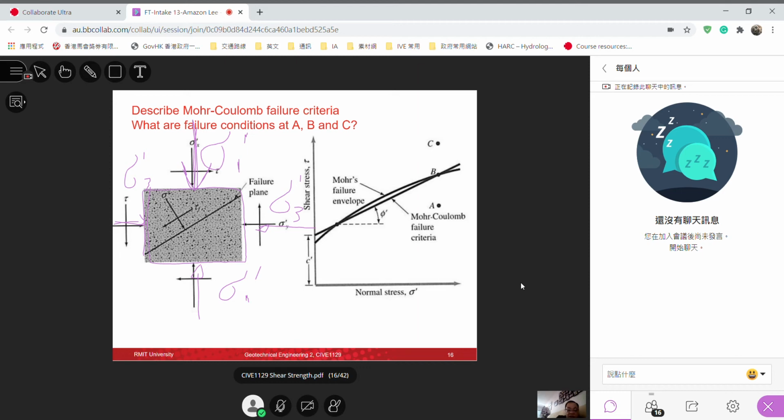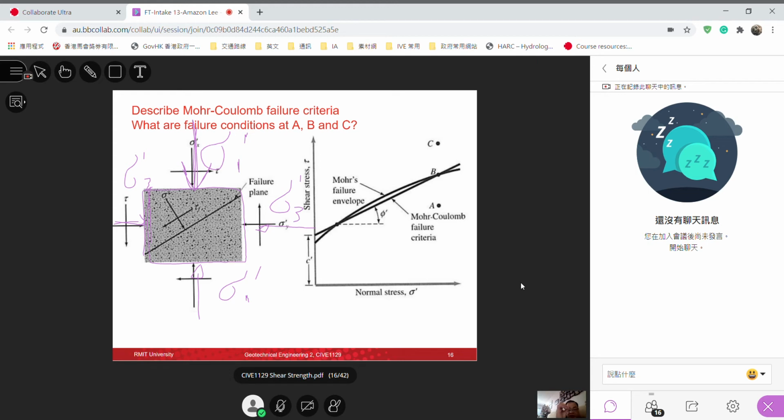So you have major principal stress applying in the vertical direction, and minor principal stress applying in the horizontal direction on a soil element. It's all effective stress, because it is soil.